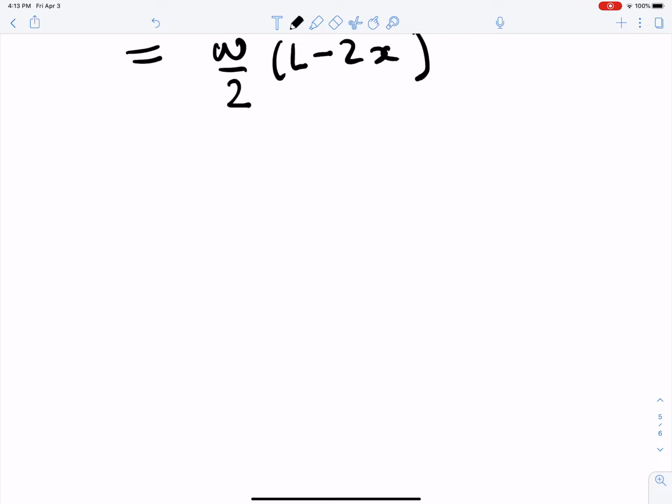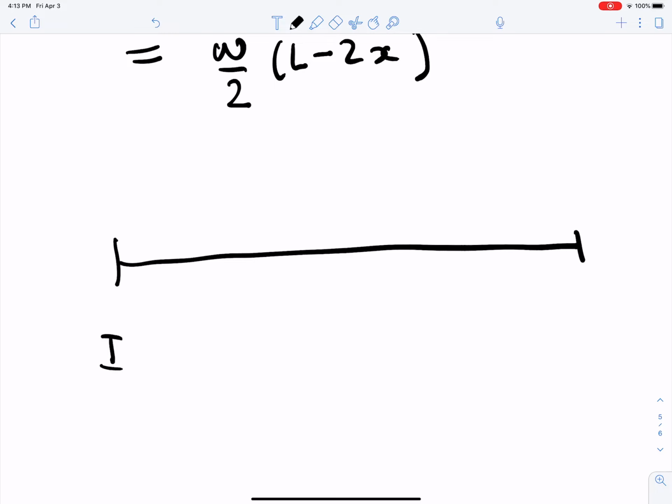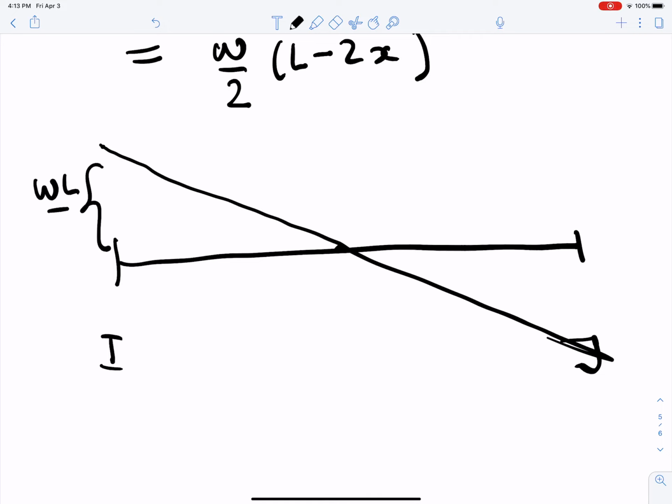Now if you plot it, this is your I, this is your J. It's a linear function, so the shear force goes to 0 in the middle. It follows a linear profile like this, and reaches the value of WL over 2 here, and minus WL over 2 there. Good.